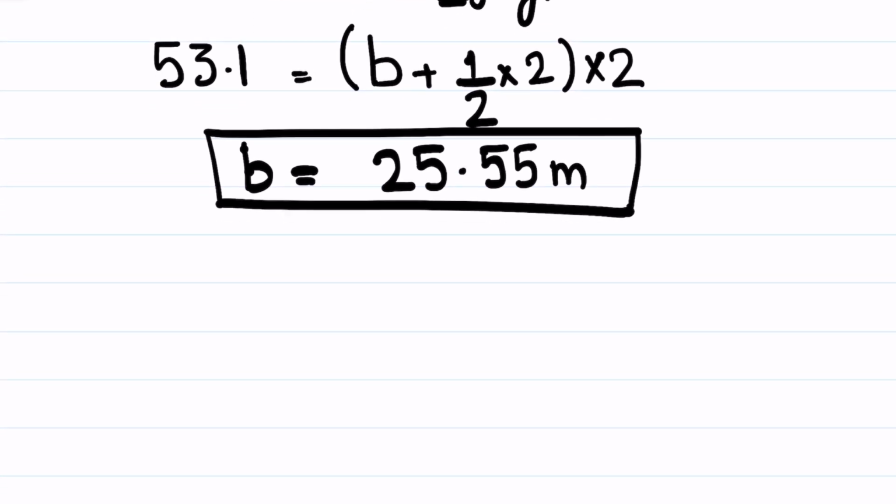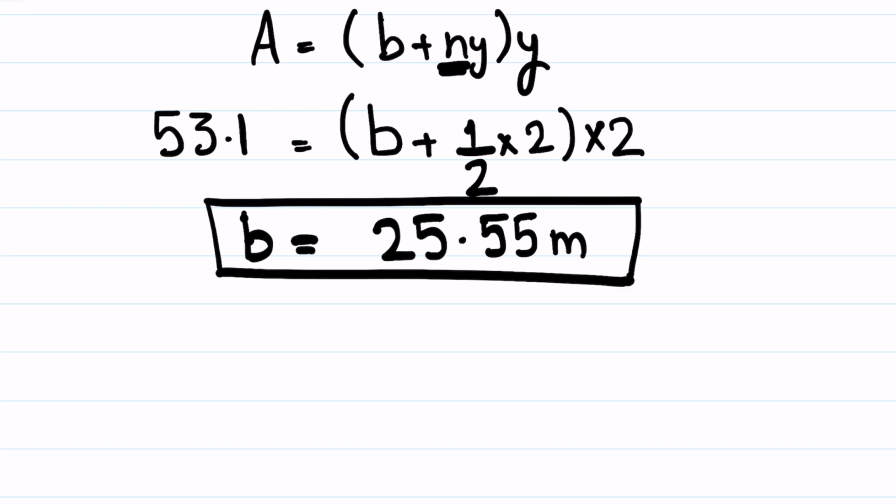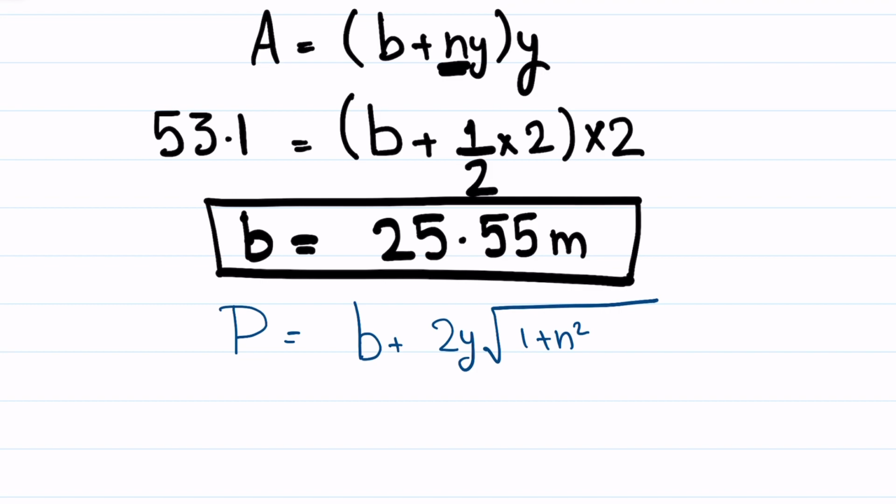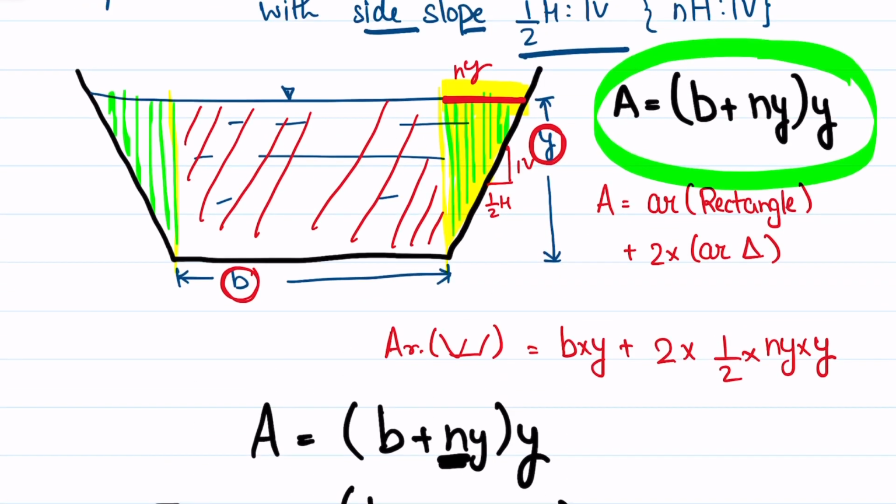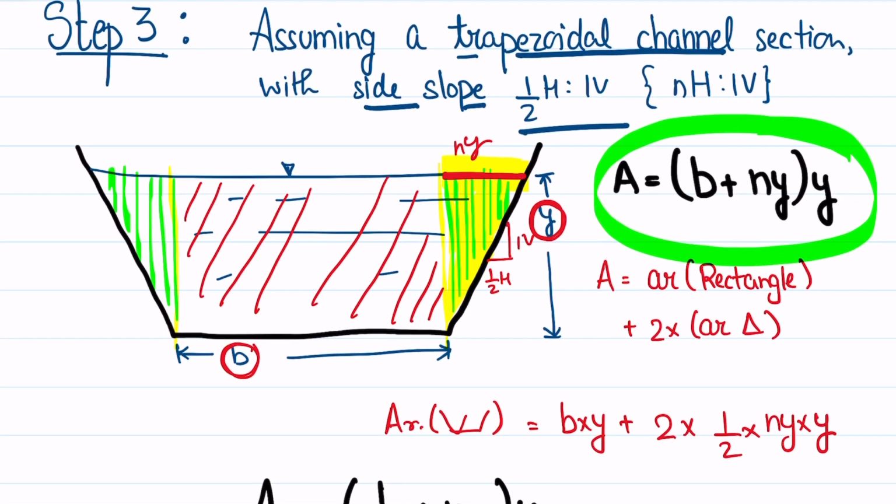Likewise, we have to find the parameter. What is the formula for the parameter? B plus 2y under root 1 plus n square. How did we get this formula? You can see in the figure here, this is the b, and this is the side slope.